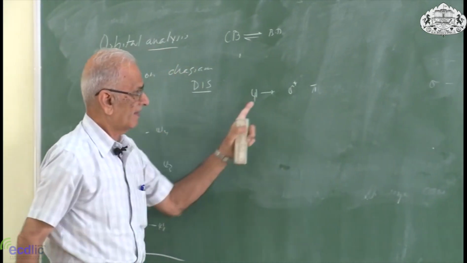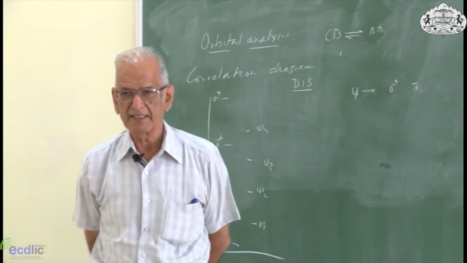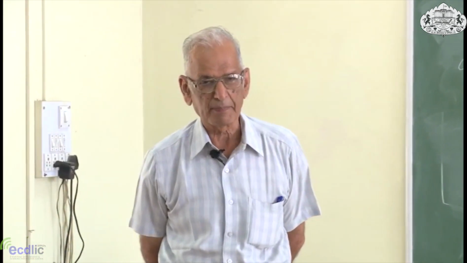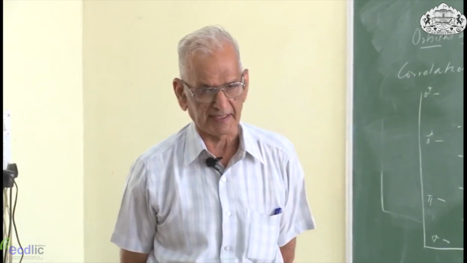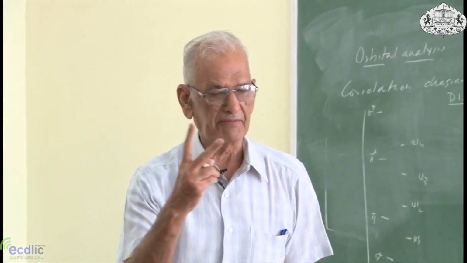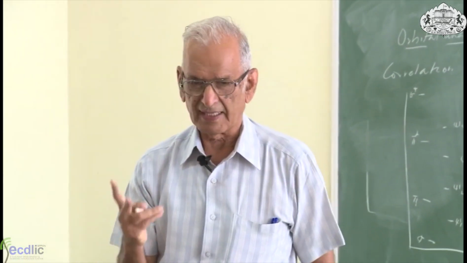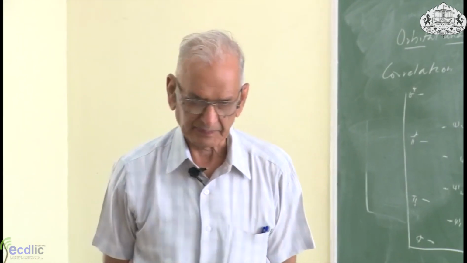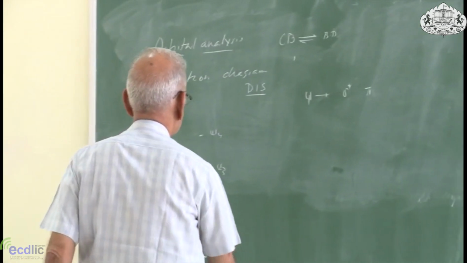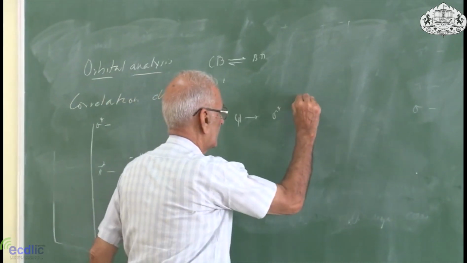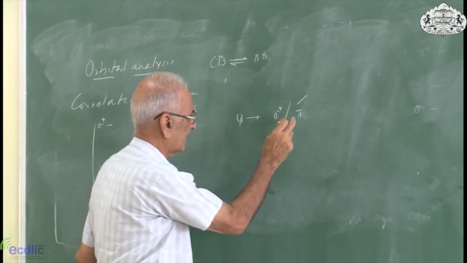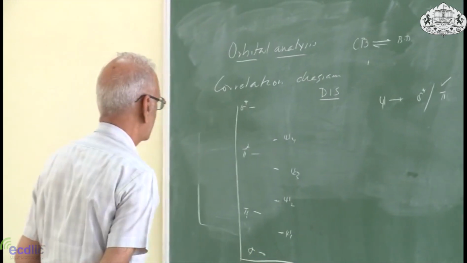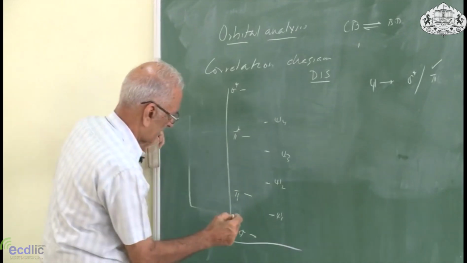Which is the orbital of lowest energy? The orbital of lowest energy is pi. This is called the principle of minimum crossing. When I can correlate with two different orbitals, I always correlate with the orbital of lowest energy. So, I can correlate with sigma star or pi. I will then correlate with pi.